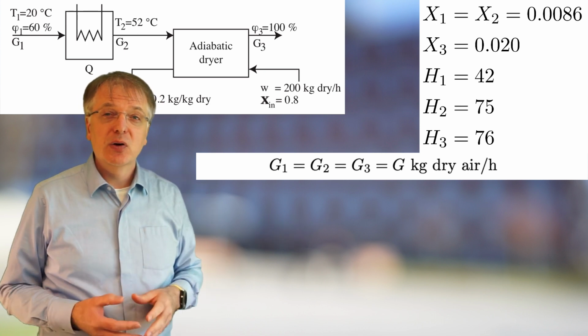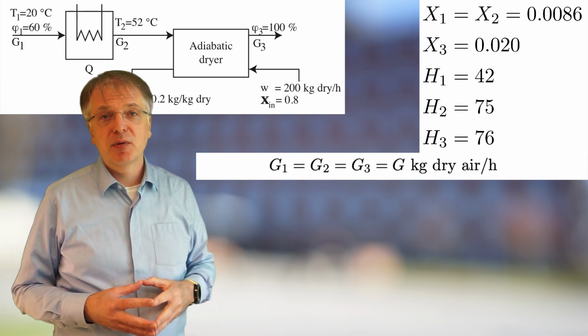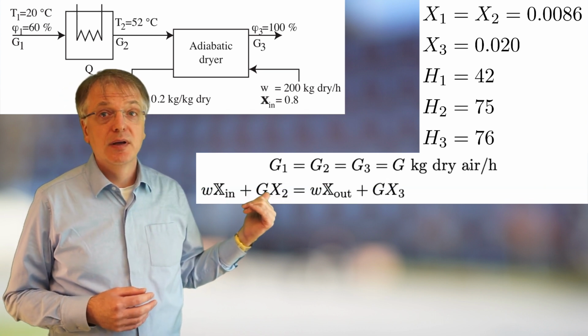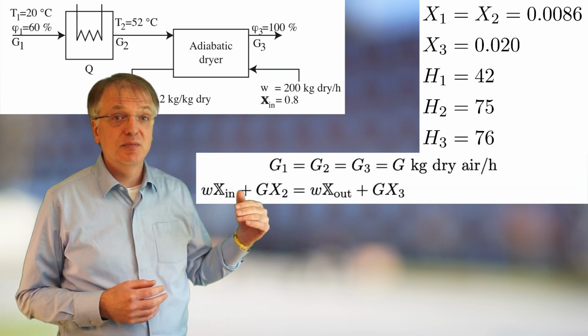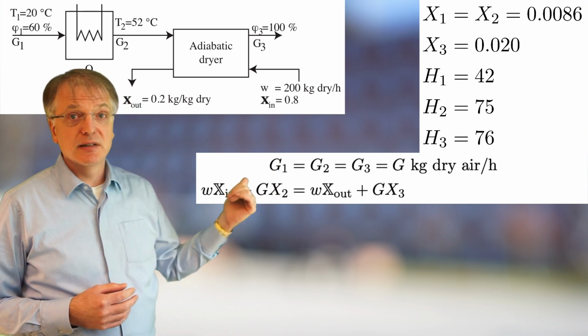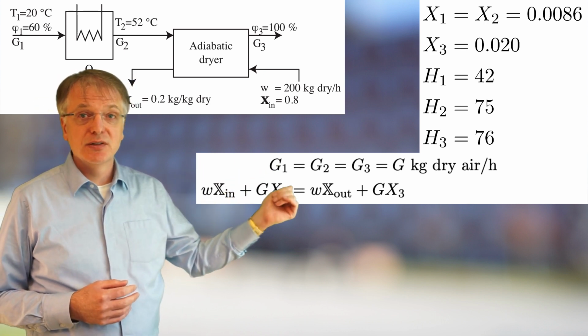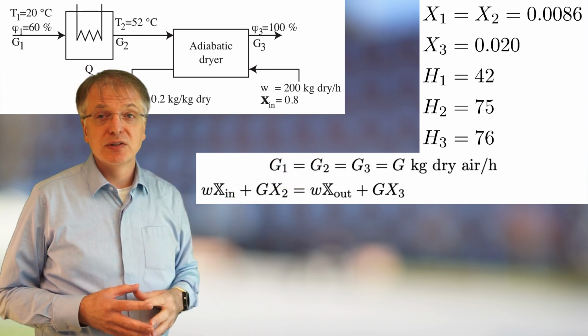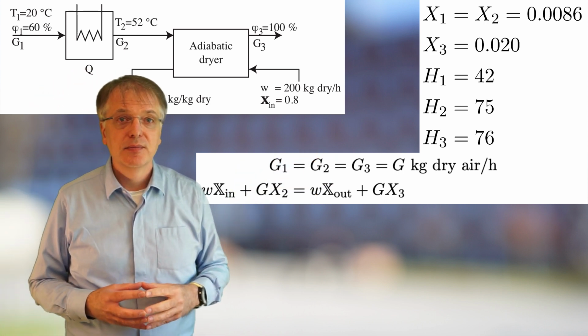With W denoting our drying goods in kilogram of dry goods per hour, our water mass balance for the entire system becomes W times X in plus G times X2 equals W times X out plus G times X3.